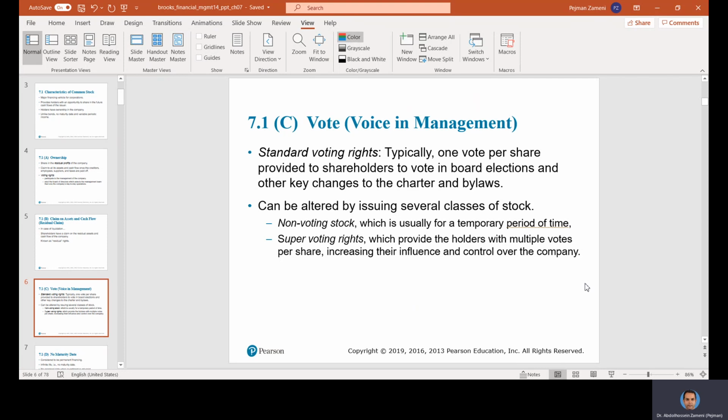Non-voting stock is usually for a temporary period of time. Super voting rights provide the holders with multiple votes per share, increasing their influence and control over the company. That can happen in family businesses and pyramid structures.